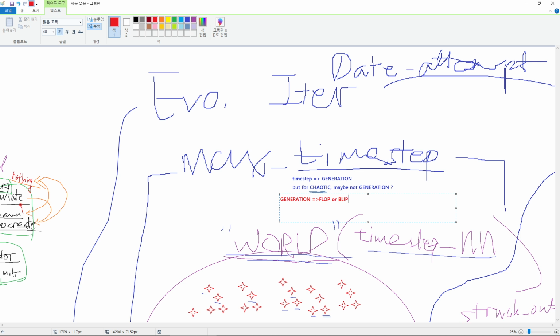Which means that wherever I use the word or variable named flop in my code, I have to change it to blip, which is annoying. The word blip didn't come to me right away, and the word blip is still a unit or time step.